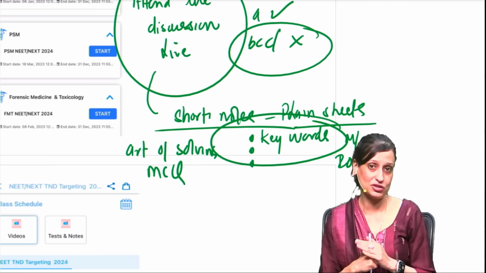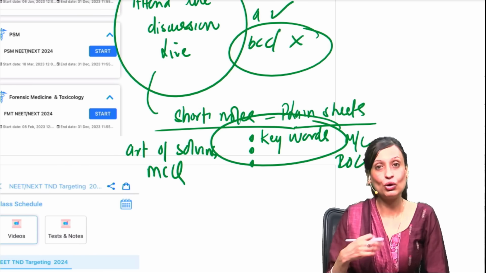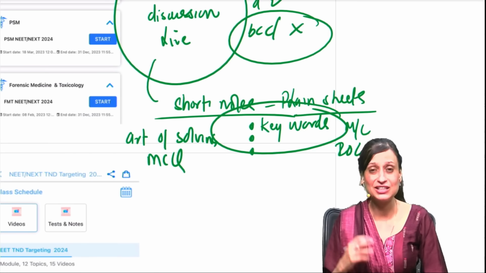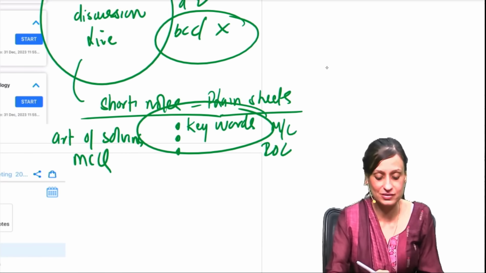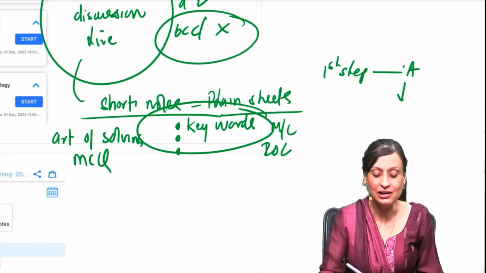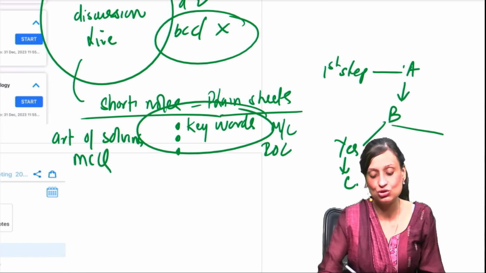Okay. So the second thing I want you to do when you are writing your short notes with TND is make algorithms. The teachers teach you as algorithms. So we'll say the first step is do A, then go to B. If the answer to this is yes, then do C, and so on.